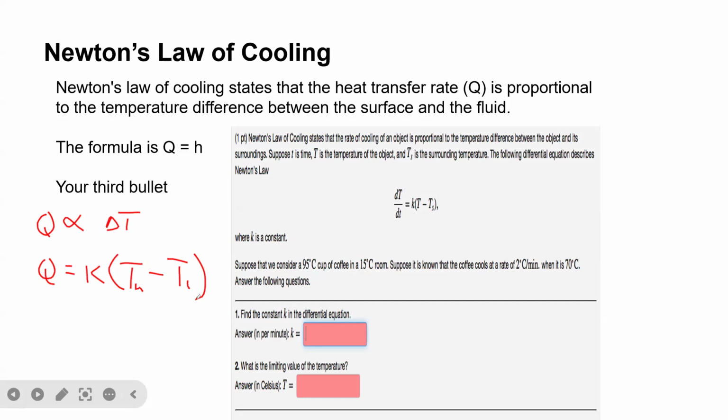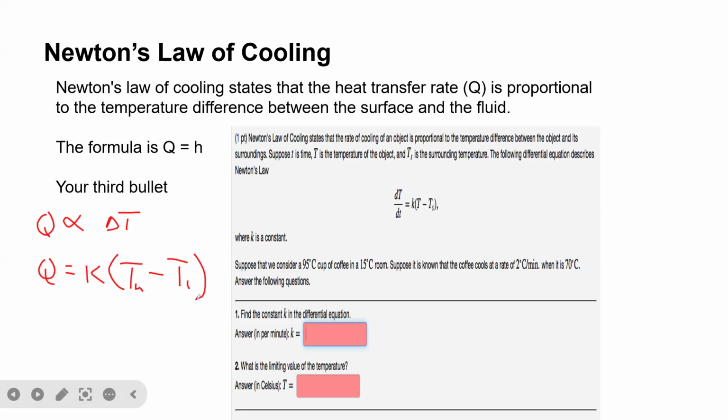Newton's law of cooling says that the rate of cooling of an object is proportional to the temperature difference between the object and its surroundings. Suppose lowercase t is time, capital T is the temperature of the object, and Ts is the surrounding temperature.